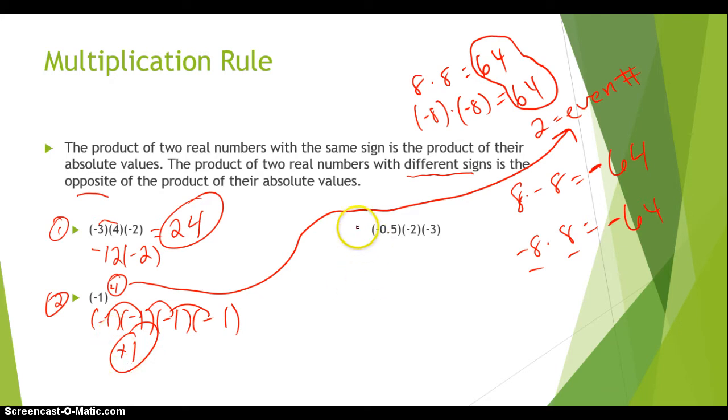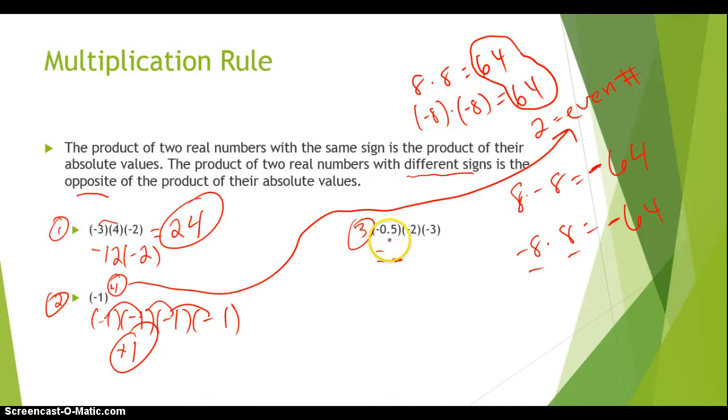So here we have negative 0.5, negative 2, and negative 3. First thing I notice is that there's 3 negative signs. That's an odd number, so automatically I know my answer will be negative. We could just go straight across, however you may want to solve this.